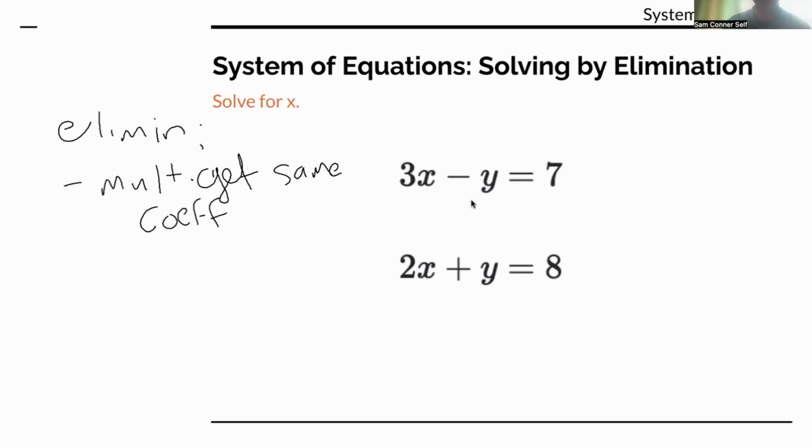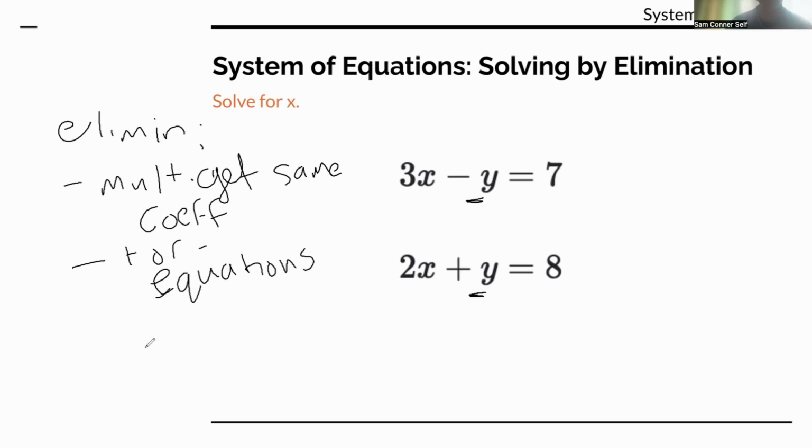However, in the two that were given in this question, they set it up for you really nicely because the y's both have the same coefficient of 1. So using that, once you get the same coefficient, you're going to either add or subtract the two equations.